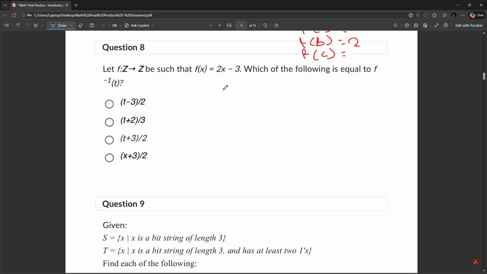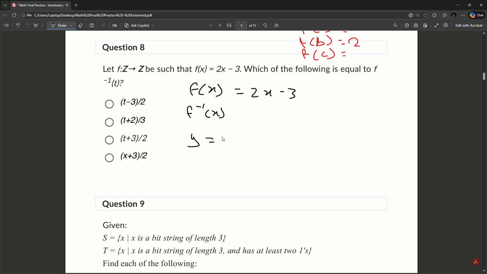Okay, so now this is inverse functions, right? So f(x) equals 2x minus 3. And now you have to find the inverse function, which is f inverse of x. For me, the easiest way to understand it is that I turn f(x) into y.